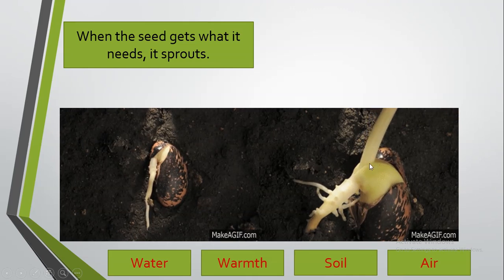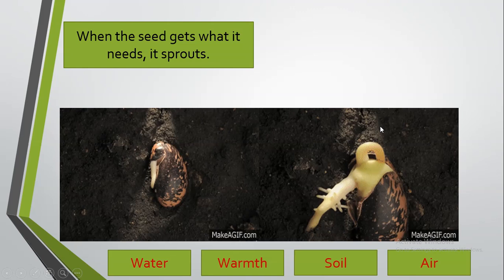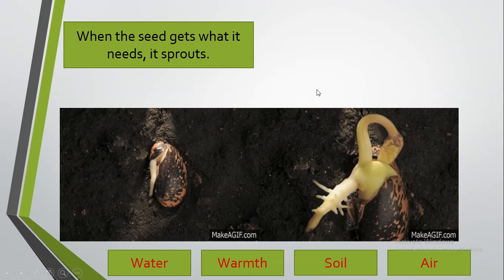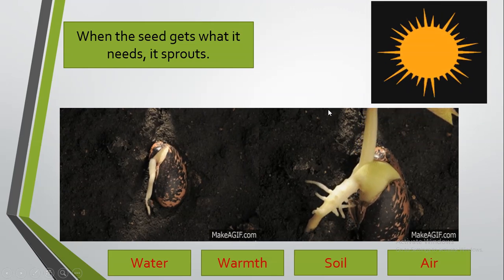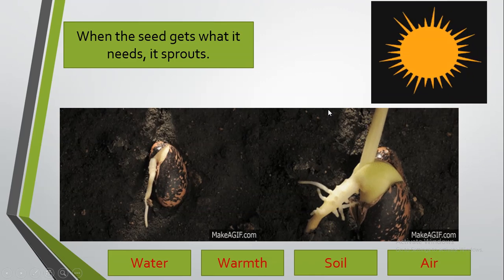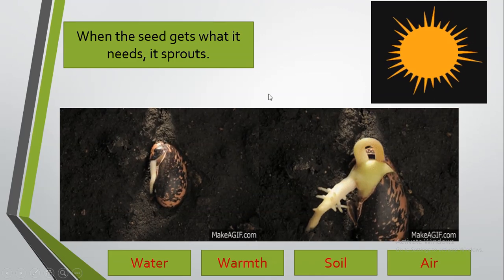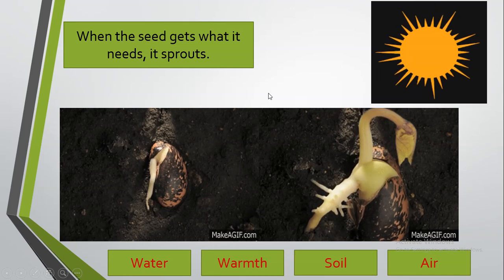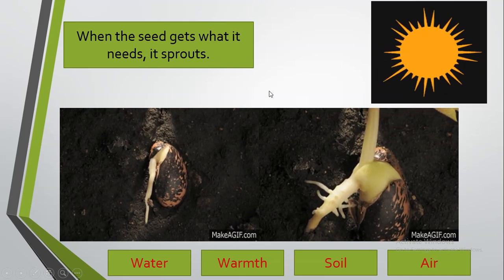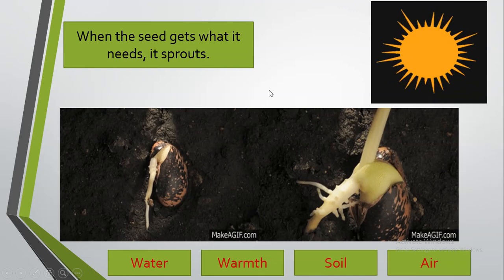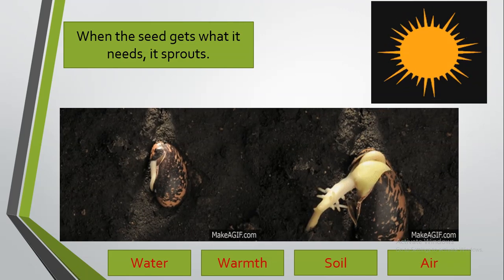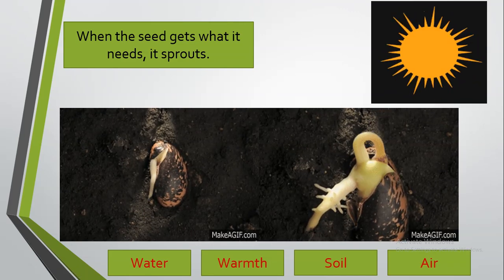After a small stem with some leaves grew, it needs sunlight. So the first stage, we're gonna plant the seed into the soil, give it the proper conditions, and then it will sprout.